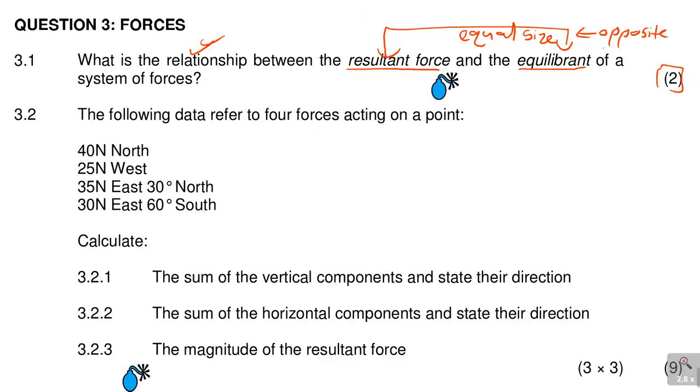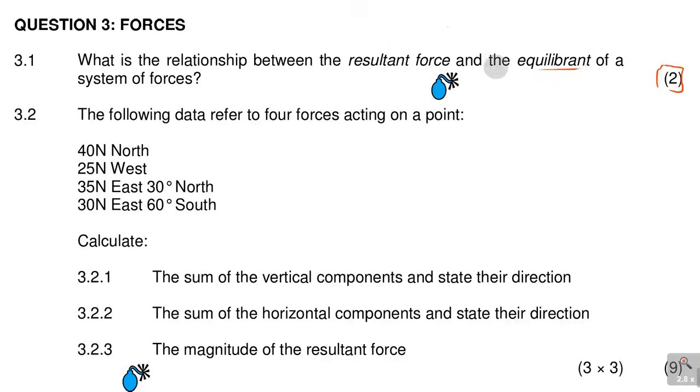So they are equal in size, opposite in direction. That's what you needed for that. So in other words, if you have your resultant facing this direction, your equilibrium, similar in size, will be facing in the opposite direction, acting on the same plane. So remember that part. That's what they needed for you to get the 2 marks.